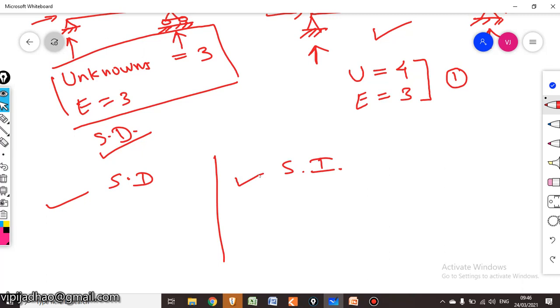Generally, whatever different types of structures we are going to see are mostly statically indeterminate structures.